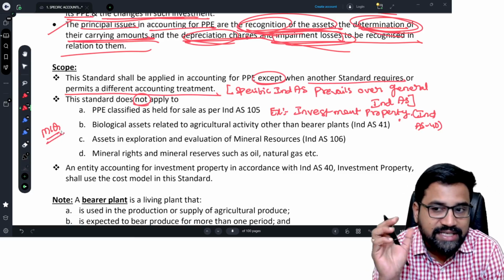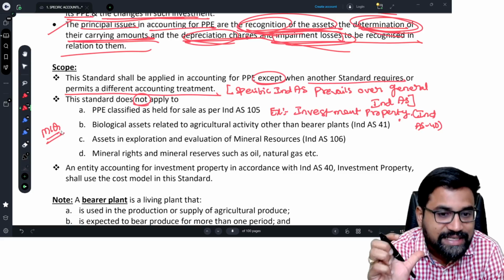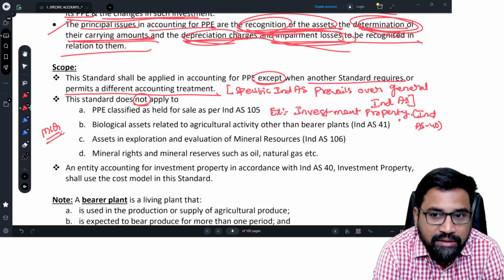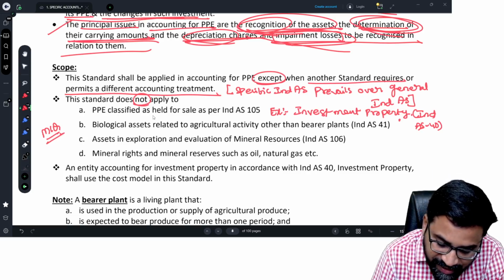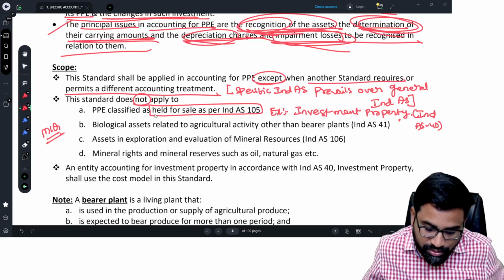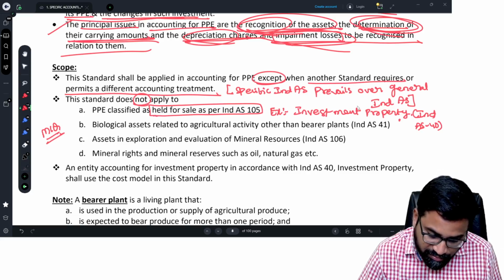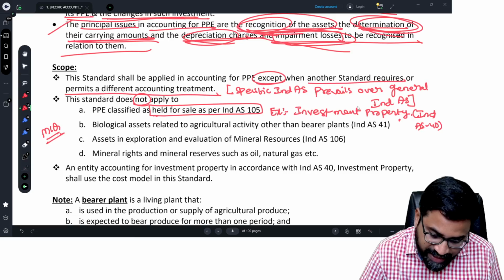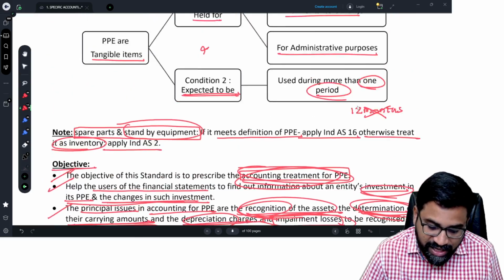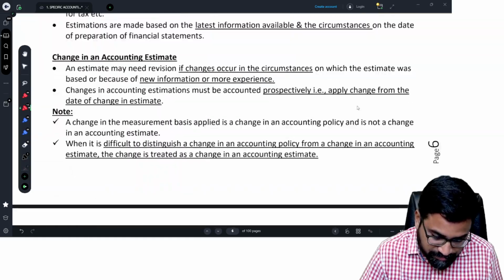IND AS 16 says there are certain assets which are not covered under this standard. First, PPE classified as held for sale as per IND AS 105. If PPEs are held for sale as per IND AS 105, this standard is not applicable.